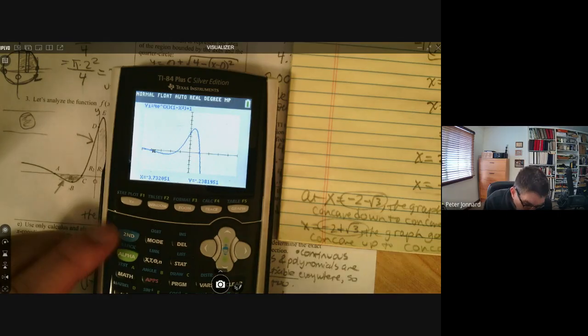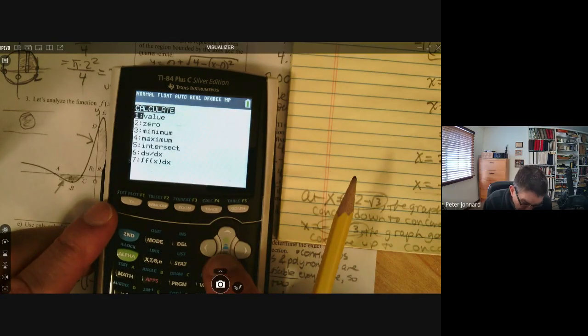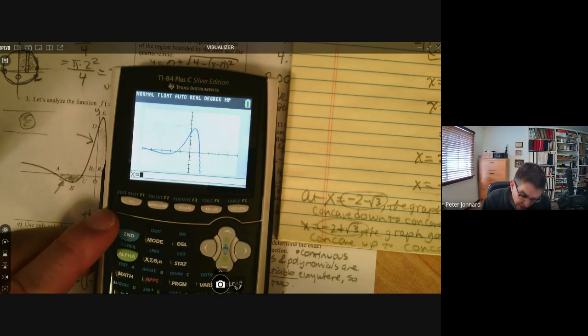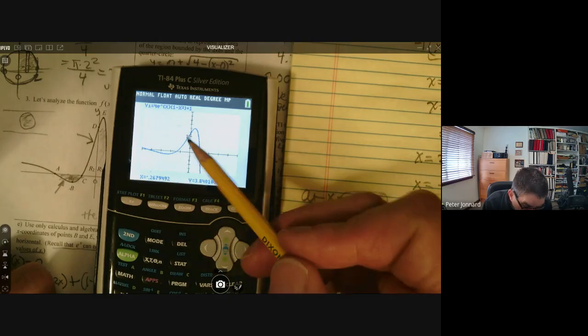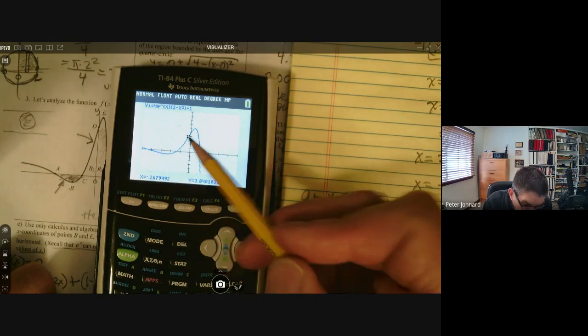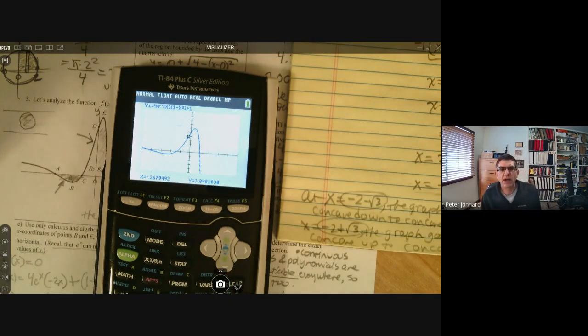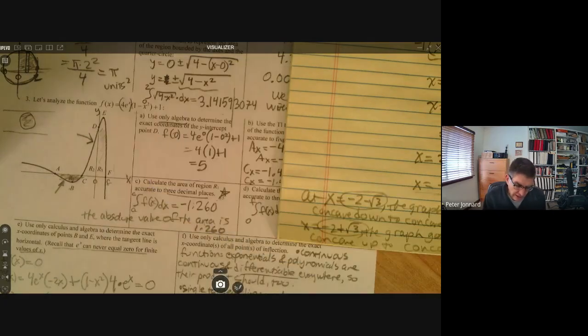Okay. And then let's try the second one. Calculate the value at -2 plus the square root of 3. And hopefully that'll be somewhere in this area here. So there it is, right at that spot there. It goes from concave up to then concave down. So that gives me some confirmation that I've indeed done this correctly.